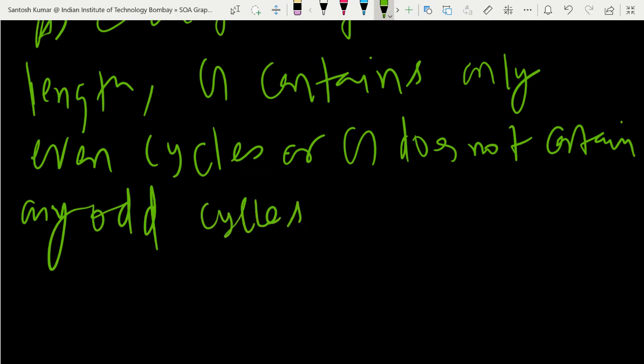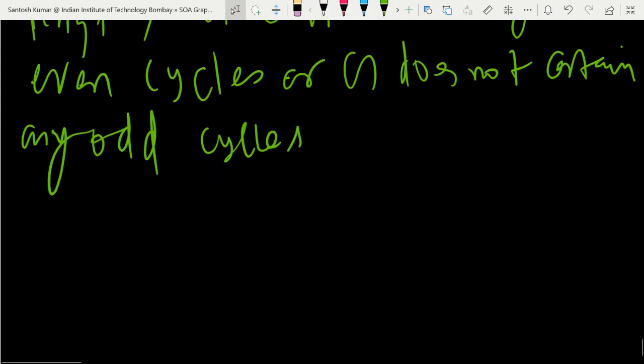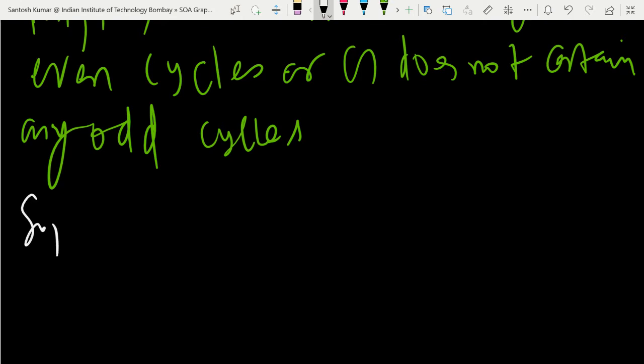Same thing: only even cycles, or G does not contain any odd cycle. And that's why we had the result: if G contains only even cycles, then G is a bipartite graph. It will not contain an odd cycle, and that's why G is a bipartite graph.